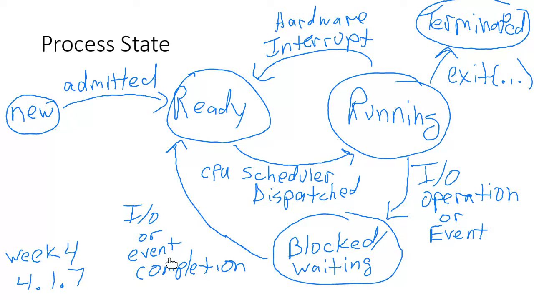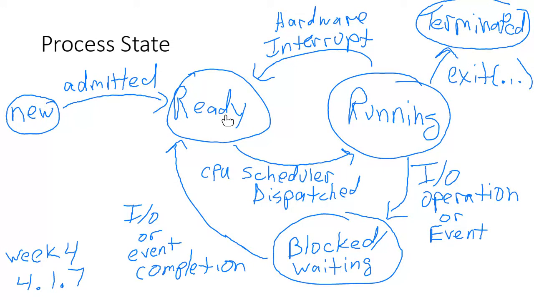It's that process that was waiting for that event to happen. Again, the operating system goes to that process and changes its state to the ready state, so that it ends up in the pool of processes that are in the ready state.